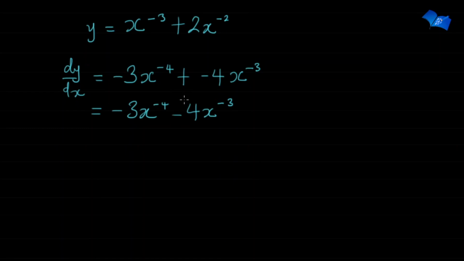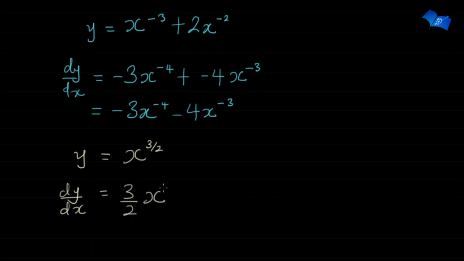Okay? Now, how about fractional powers? For instance, if I have y is equal to x raised to the power 3 over 2, will the power rule still apply? Yes, the power rule will still apply here. So I'll take this power down. This will be 3 over 2 x. Then I'll reduce this power by 1, which is 3 over 2 minus 1.